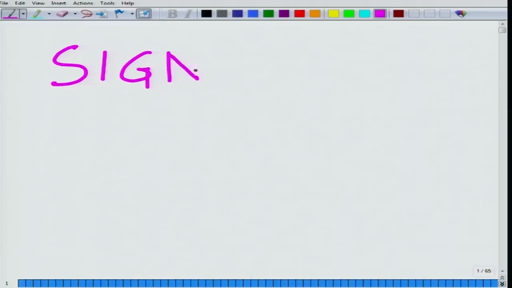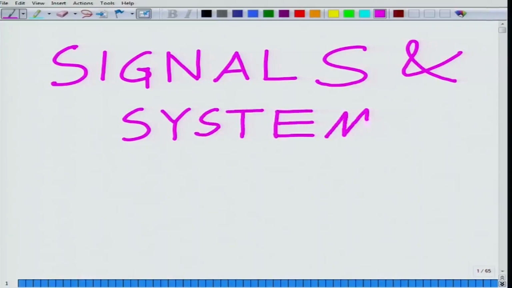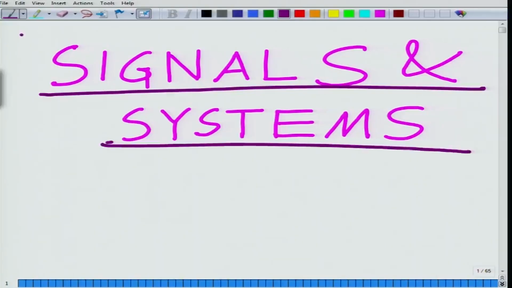As the title implies, we would like to look at signals and systems, two of the fundamental quantities which are relevant in all of electrical, electronics and communication engineering, in a very profound sense, since knowledge of them is fundamental to understanding the various aspects of different applications in electrical, electronics and communication engineering.